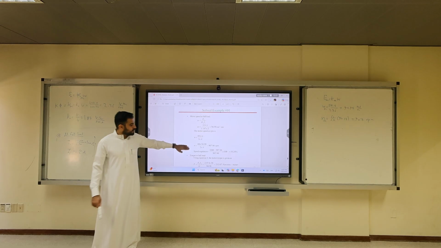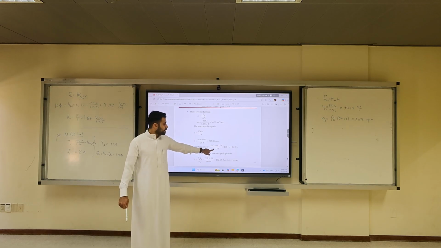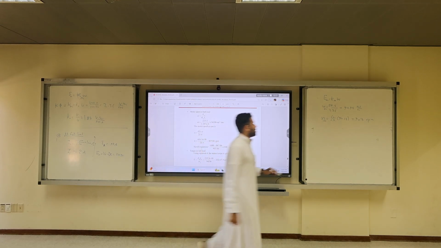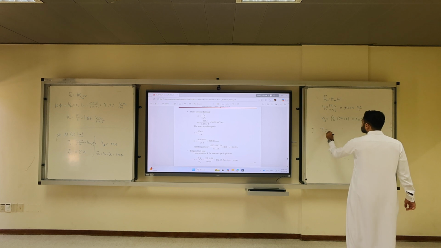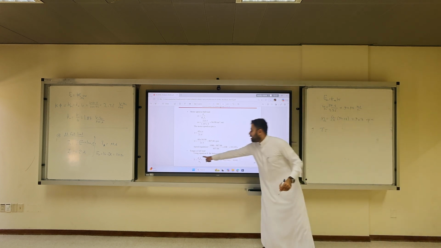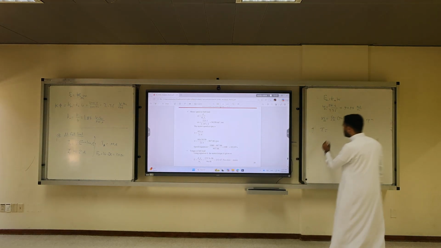So to get the speed regulation is easy, 1000 minus 907 over 907, you get 10%. And the torque, how to get the torque? Use any of the equations, but this equation: what is EA over omega M? It is Km, right?